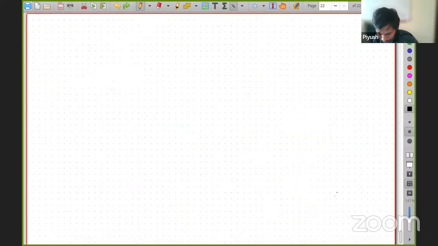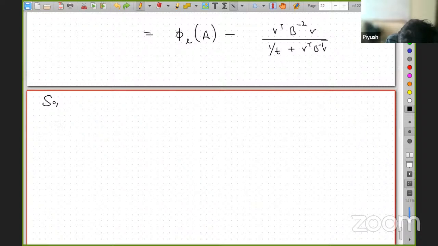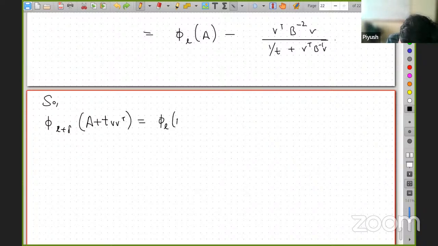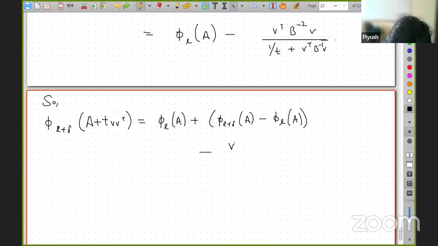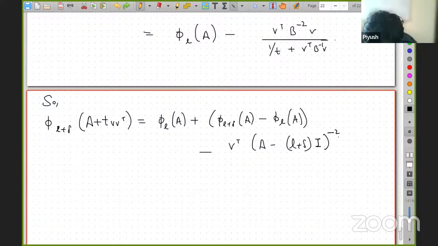Okay, so this phi of L plus delta of A plus t v v transpose is again phi L A plus phi L plus delta A minus phi L A minus v transpose A minus L plus delta I minus 2 plus transpose.